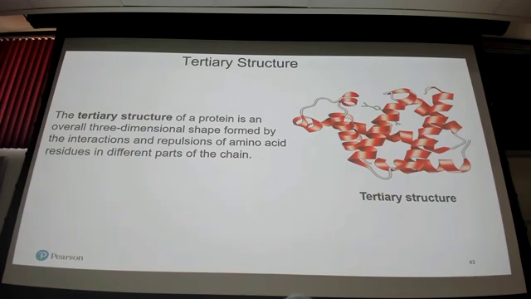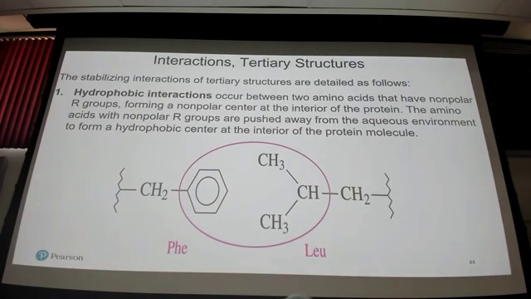So the tertiary structures of amino acids have functional groups, and these tertiary structures are formed by different types of interactions based on the molecule's amino acid sequence and functional group. The first type of interaction we're going to talk about is hydrophobic interaction.